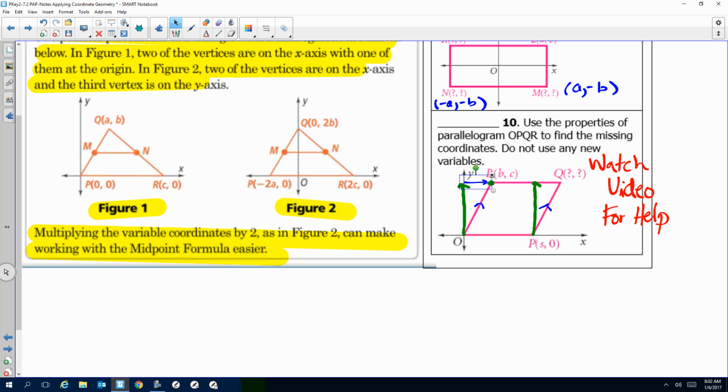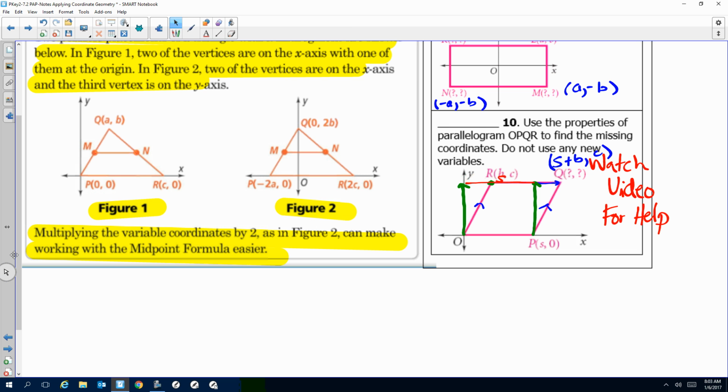And if I already know that this piece is S, from here to here is S. So if I want to find, and I know this is my, what was that? That was my C. So right there, if I put those together, you see together, that has to be S plus B. Okay, that's the horizontal distance. My Y is my vertical distance, which is the same as R, which would be C. Okay, sorry about that.